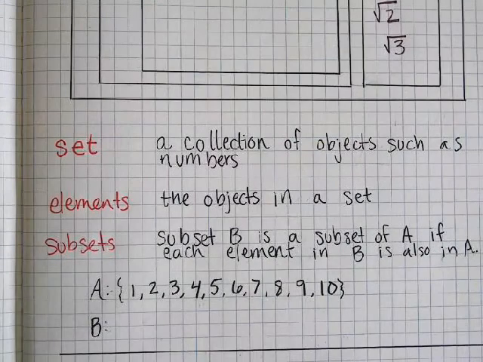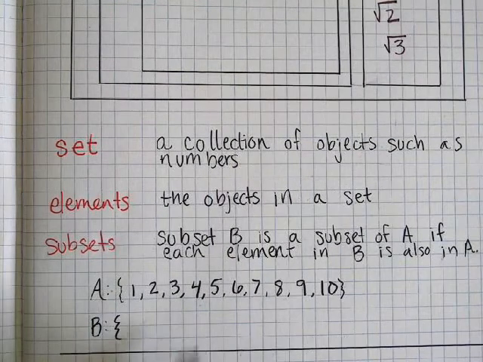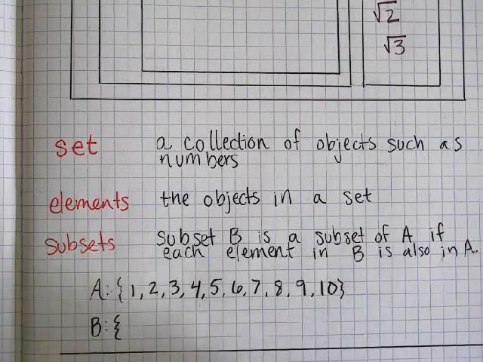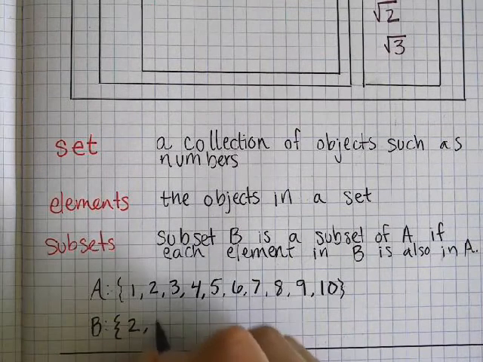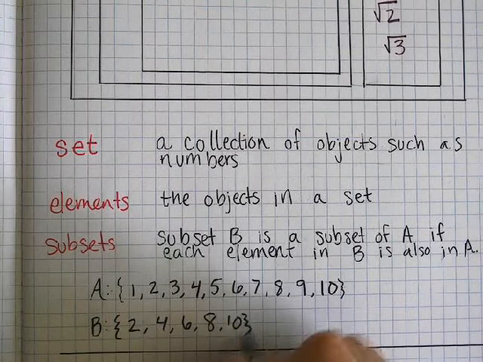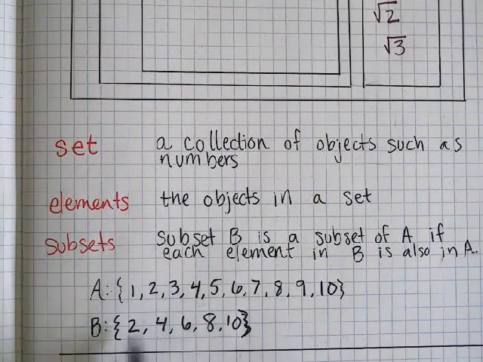So if I have my collection A is just numbers 1 through 10, my subset means whatever numbers are in B also have to be in A. So I'm going to say the even numbers. So 2, 4, 6, 8, and 10. That would be a subset because every single thing in B is also in A.